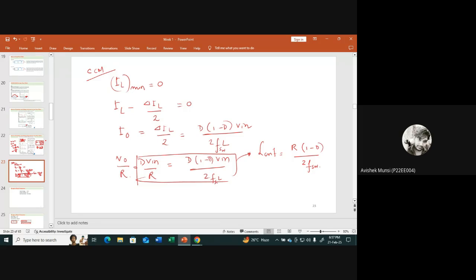So this is the value of the critical inductance we usually get for a buck converter.